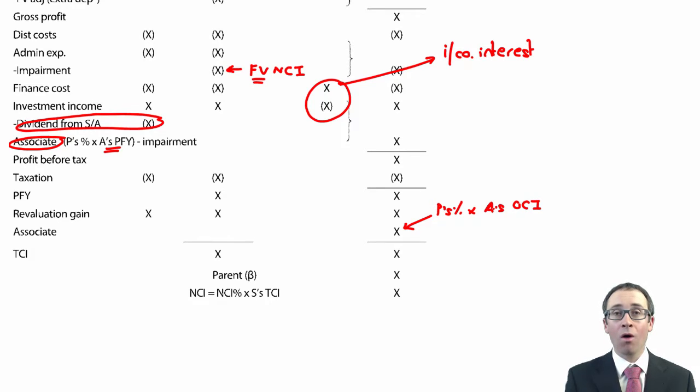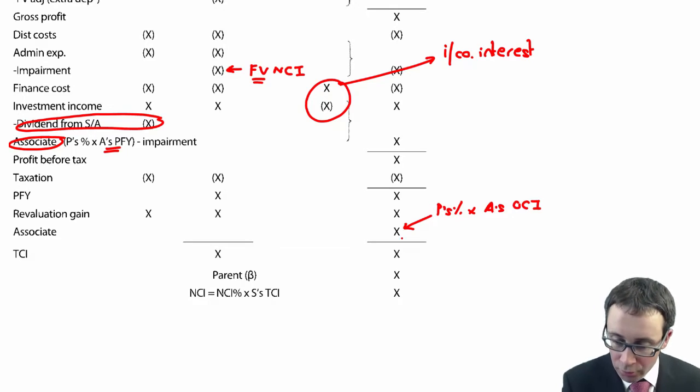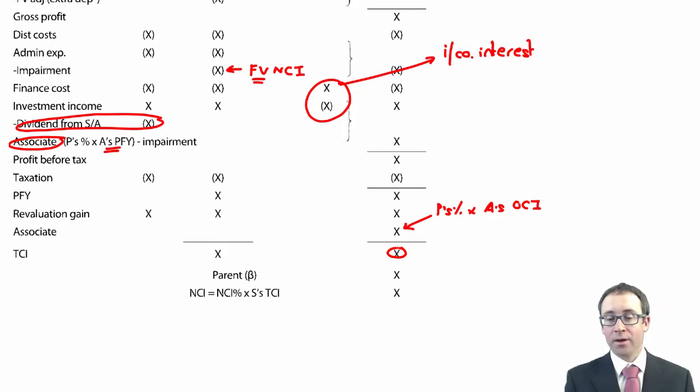Okay. All that happens then is you just need to total up the group column on the right hand side, so this one that's nearest to me, to get you your group total comprehensive income.